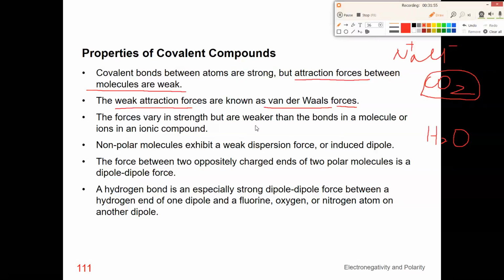So there are three basic typical kinds of van der Waals forces. We'll explain on the following slide. Those van der Waals forces vary in strength, so the three types have different strengths. However, all the van der Waals forces are weaker than chemical bonds, like the O-H bonds in water, or the ionic bonds in sodium chloride.